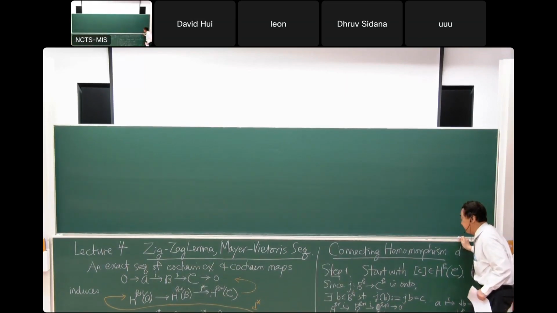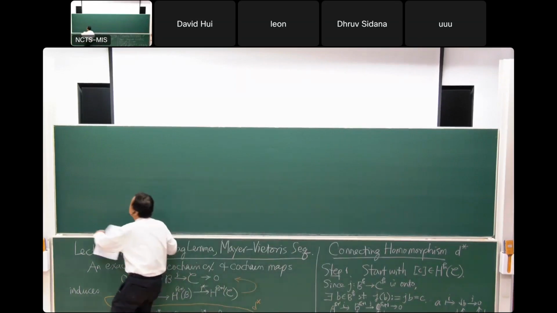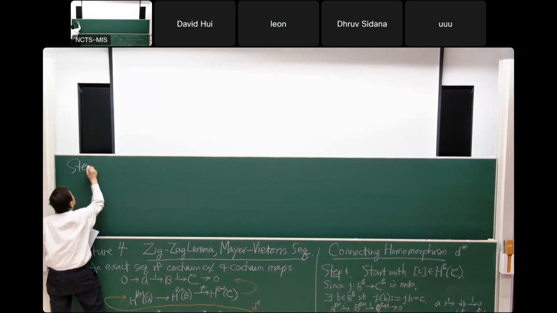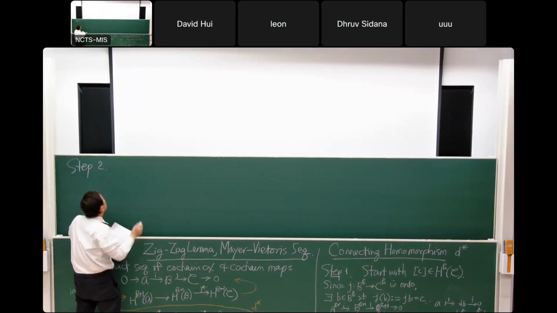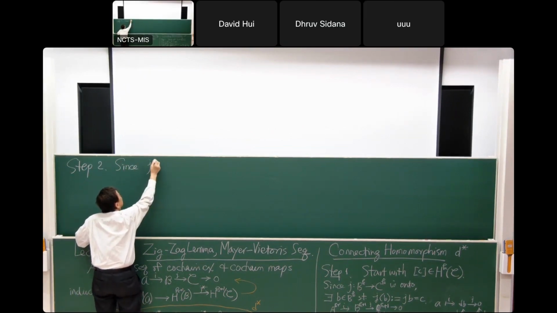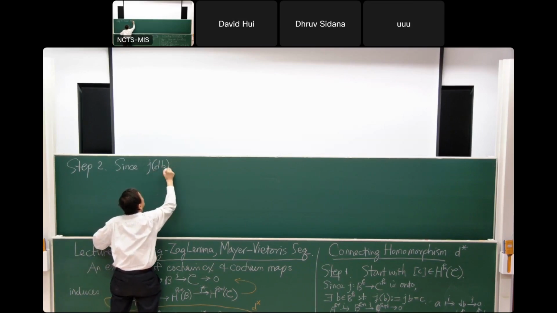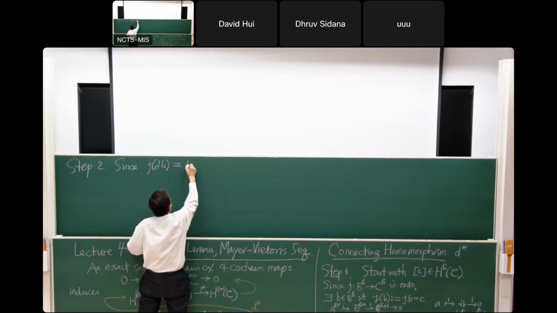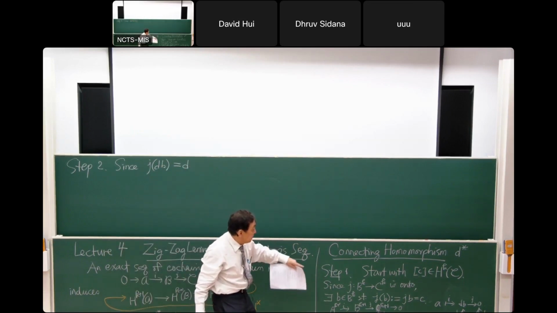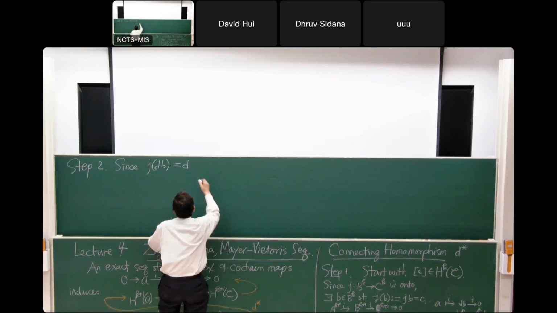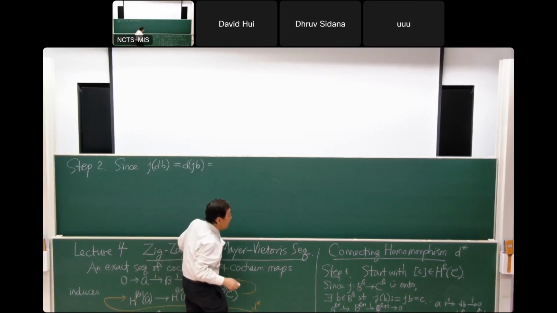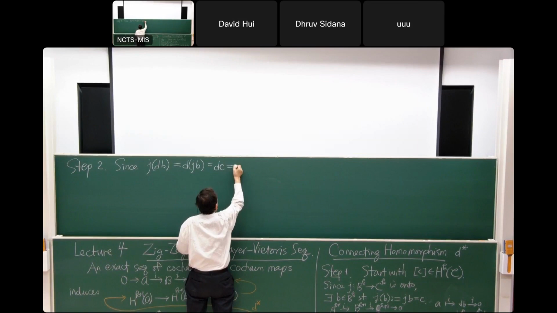So we have a b now. Since J of db is d of Jb, look at that diagram, and that's d of c, and that's 0.